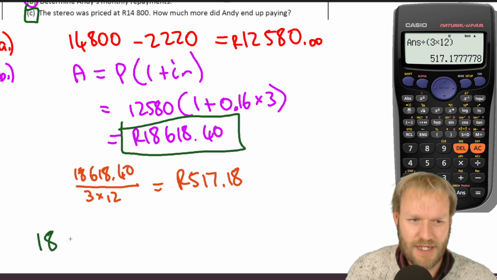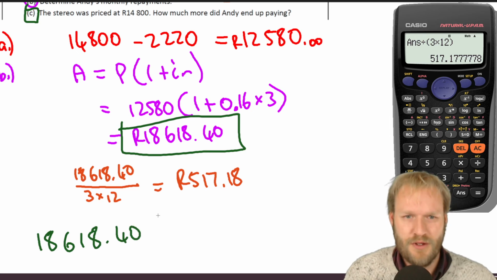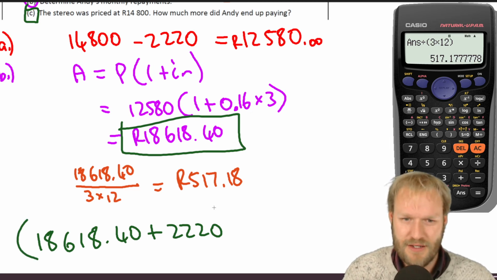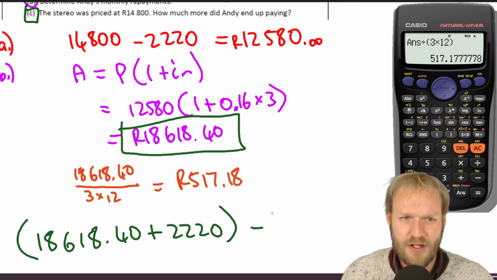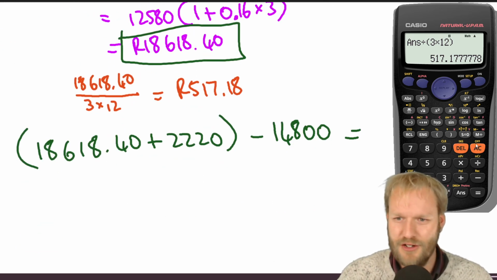So that's how much was spent, including the loan. Also, Andy put in that 2,220 Rand initially. So that's how much Andy spent on it. And we're saying how much more was it than the initial price of 14,800. And into the calculator it goes.